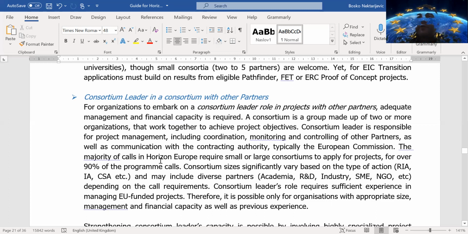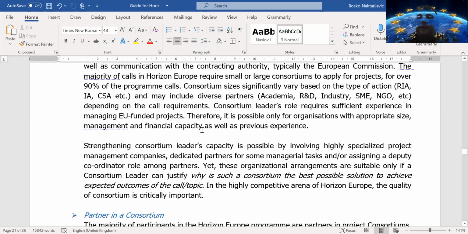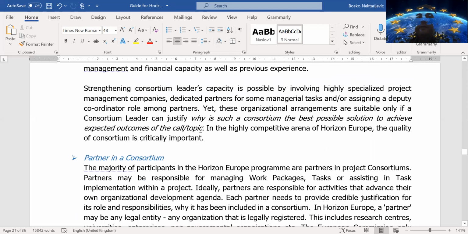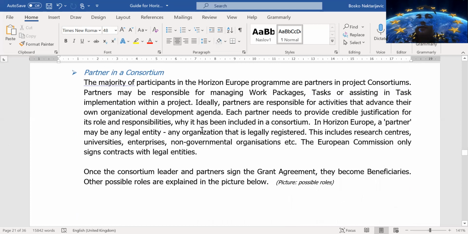So for the majority of you who are novices and beginners, it's unlikely that you will be consortium leaders. It's more likely that you will be partners in a consortium. And the majority of participants actually are partners in other people's consortiums.